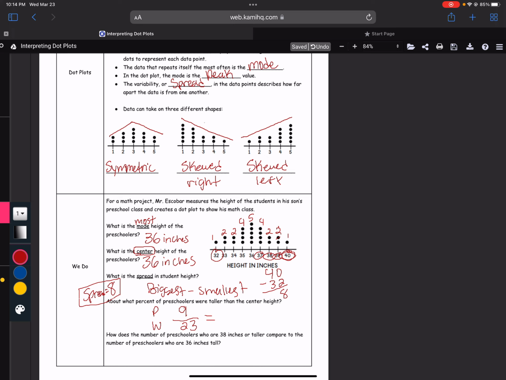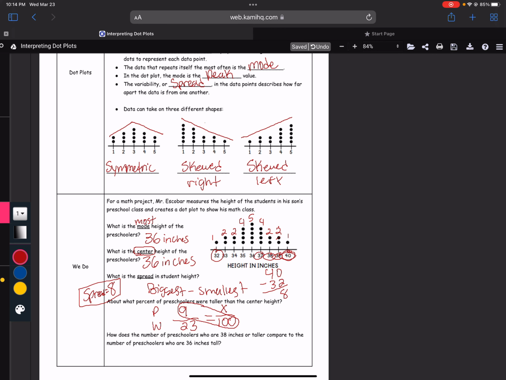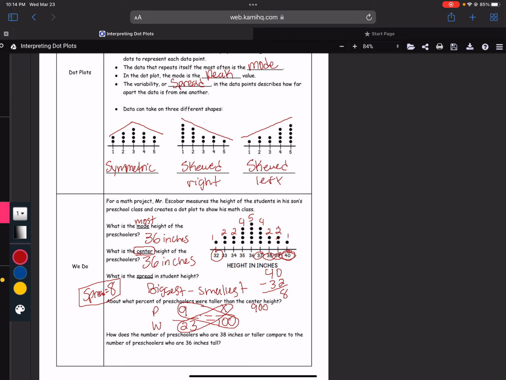And then we're looking for a percentage, so we're going to put an X on top over our whole, which is our 100%. From here, we're going to cross multiply, and we're going to end up with 900, which is 9 times 100, equals 23x.